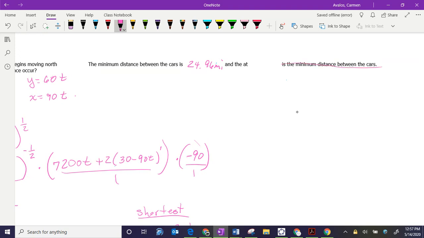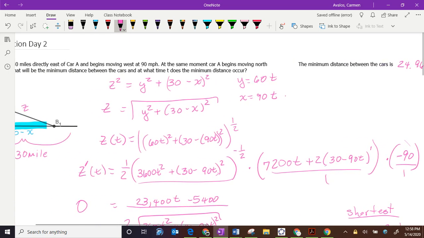The minimum distance between the two cars is happening at T equals to 0.23 hours, which if we actually look at it, it is 13.8 minutes. And the minutes make more sense than the hours on there. You just convert the hours into minutes, and that's how you do that problem on there. Okay, very good.